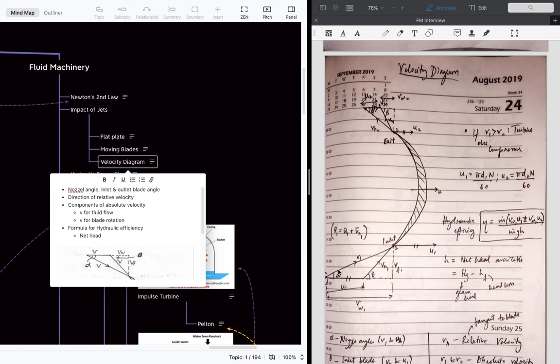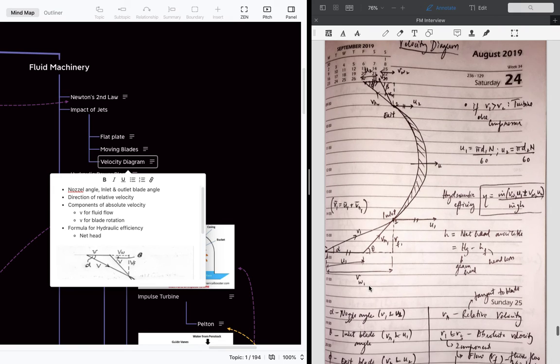So when we throw the water at this angle only, the flow will pass along the blade uniformly and properly in this direction. This is the nozzle angle alpha.